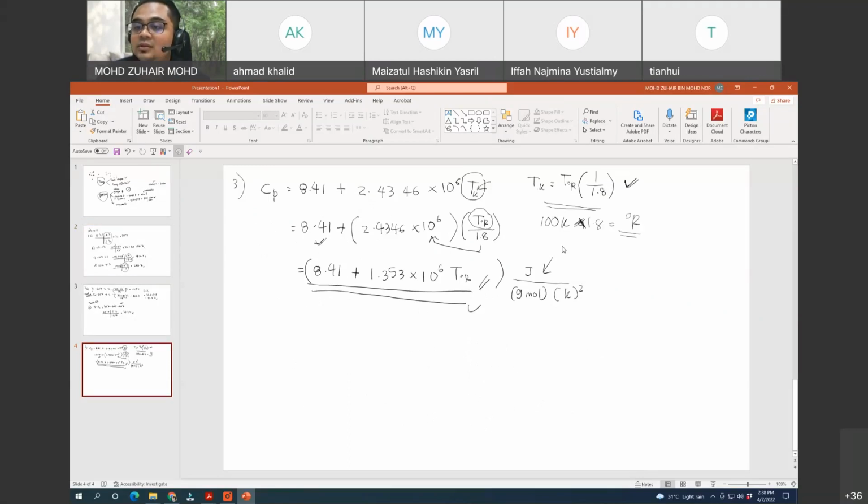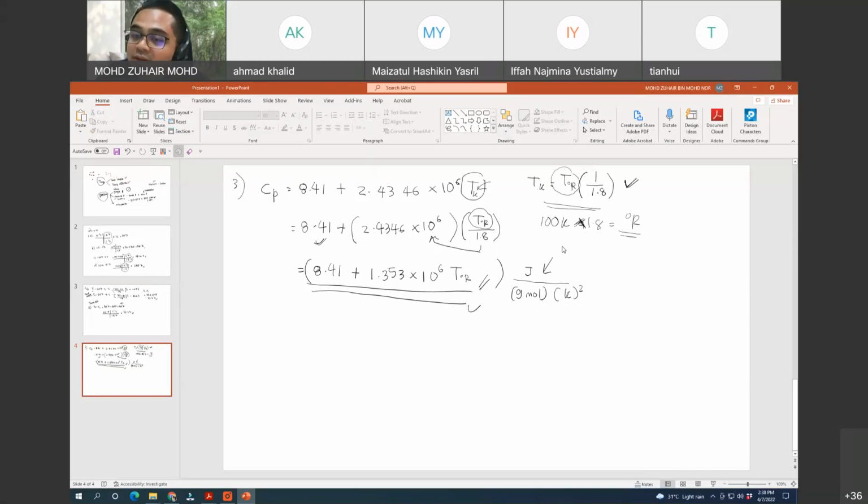So T Kelvin equals T R times 1 over 1.8. We just want to make sure that we have Rankine as the subject, so that's why instead of times, we divide by 1.8.